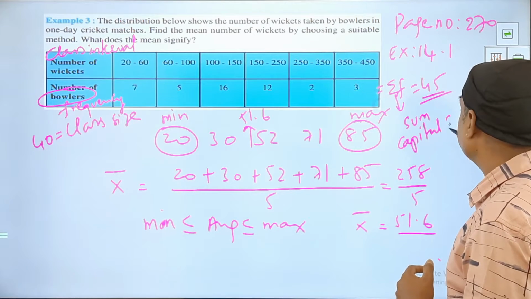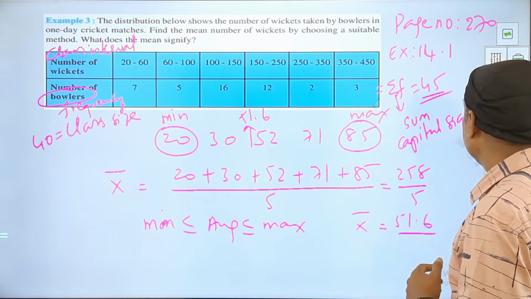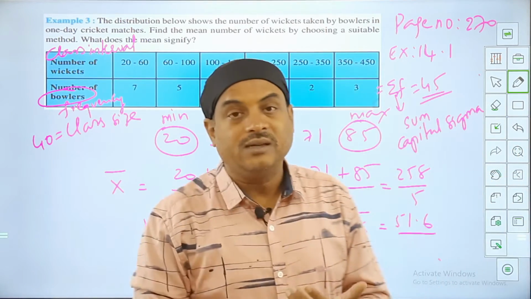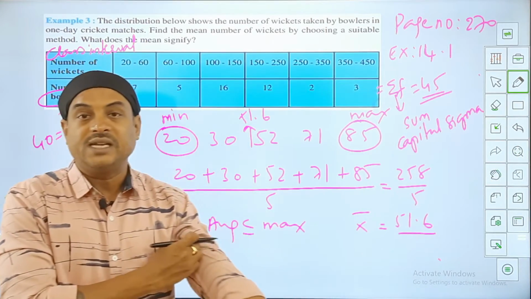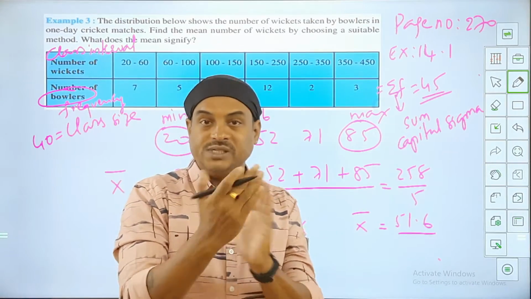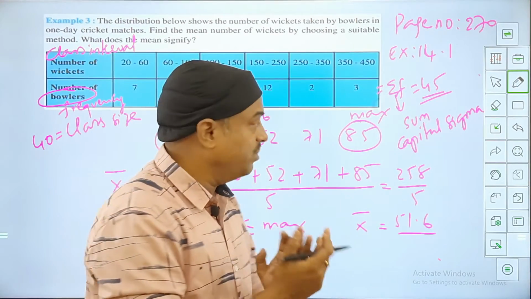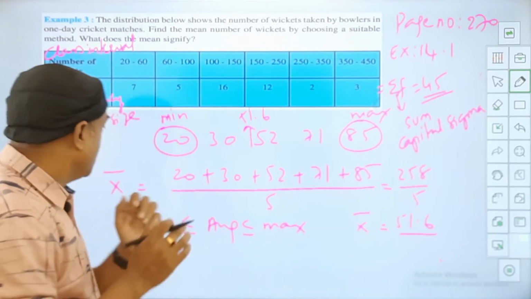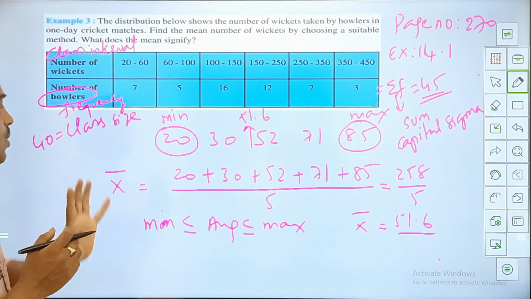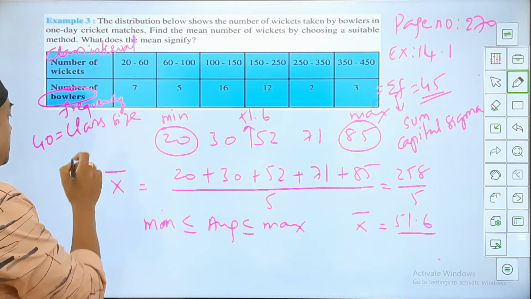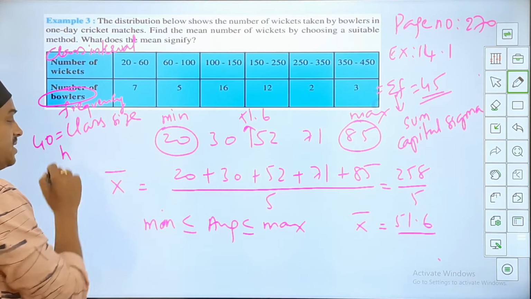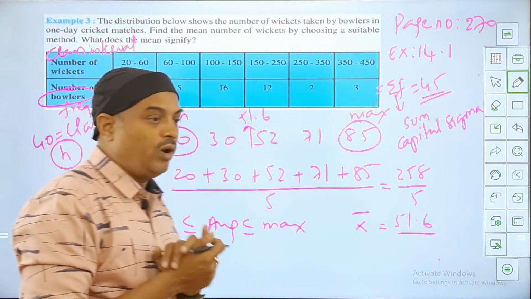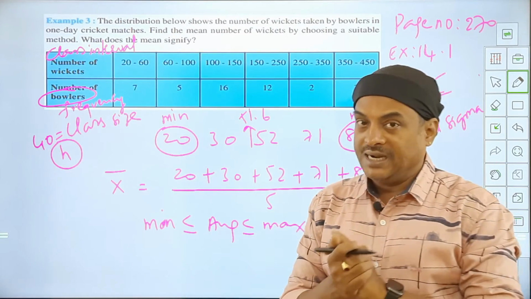Generally it is called summation, a Greek letter used mostly in statistics for adding up numbers, the result after adding up the numbers. So it is simply called summation or capital sigma. Next, the class size here is represented by H, generally H in this case. Okay, all of you? So these are the important pieces of information which we need to understand.